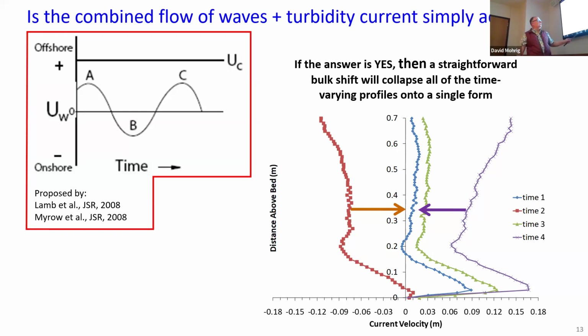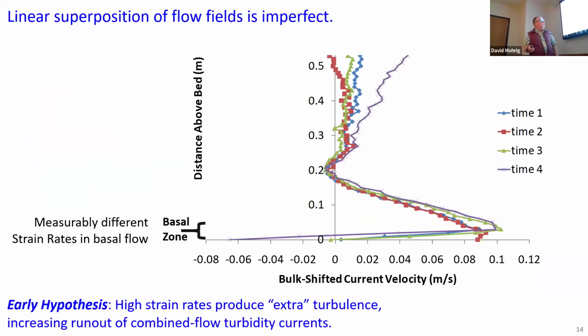Is it just a linear addition? Well, we took a number of our instantaneous velocity fields and just collapsed them around zero to see what we got. And what we found was that for the upper part of the undercurrent, there's a remarkable similarity in the structure.